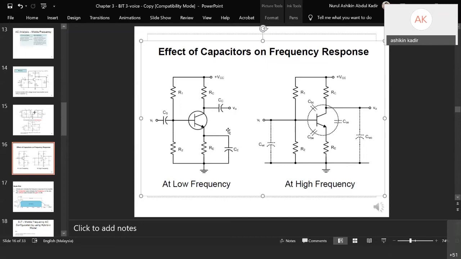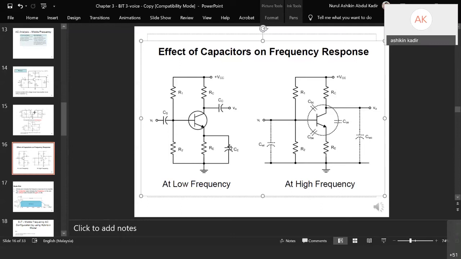But when we have CE bypass RE, your emitter terminal for the BJT is short circuited to the ground. So your current flow from the collector to emitter is the same. IC and IE will be the same because there is no resistance at the emitter part.